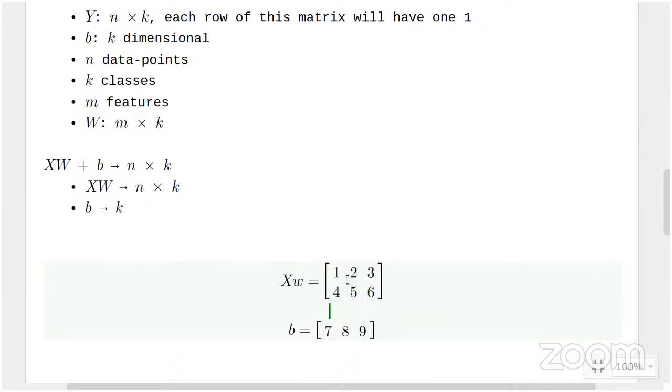So when I add XW plus B, this is how it's going to look. You will add 7, 8, 9 to each row of XW. This is NumPy broadcasting. I hope this is not confusing any longer. So this B, 7, 8, 9, is one for each class. There are 2 examples here and 3 classes. The whole idea is that there is a bias.